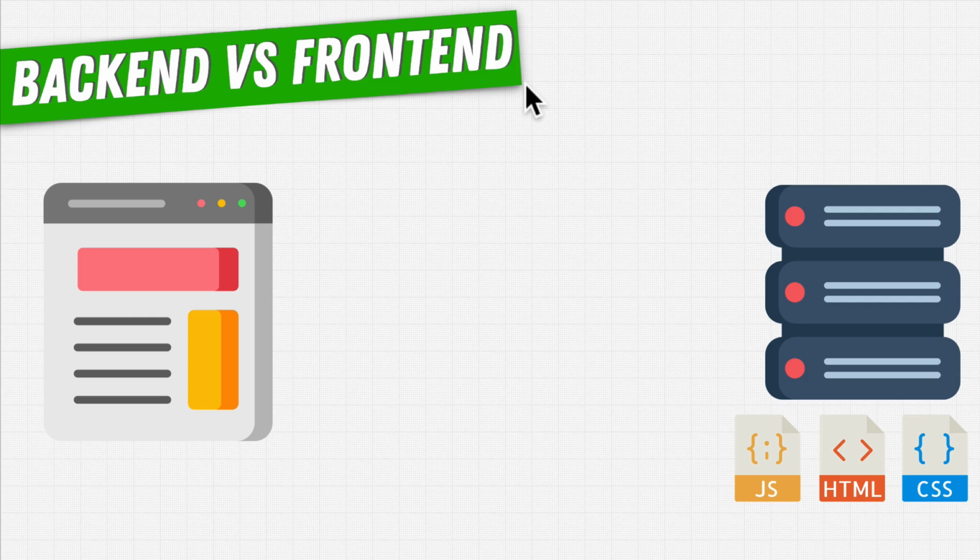When it comes to the web and even mobile, there's usually this idea of a client and a server, the front end and the back end. The front end here is your browser or mobile phone. It's what you see on the screen as a user.